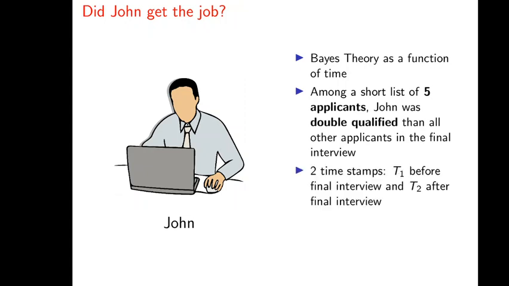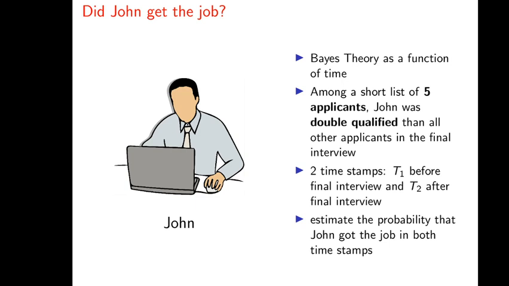The first time frame, or let's call it T1, is the time frame before the final interview. The second time frame, or T2, is the timestamp after the final interview. And the way Bayes' theorem works is to estimate the probability that John got the job in both timestamps or both time frames.